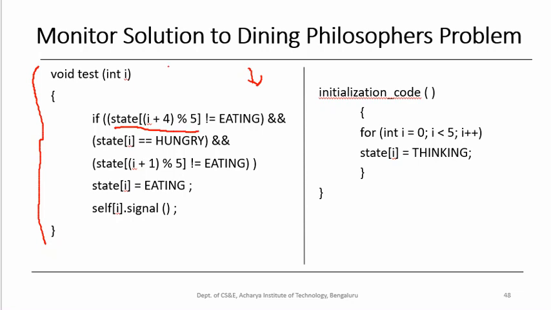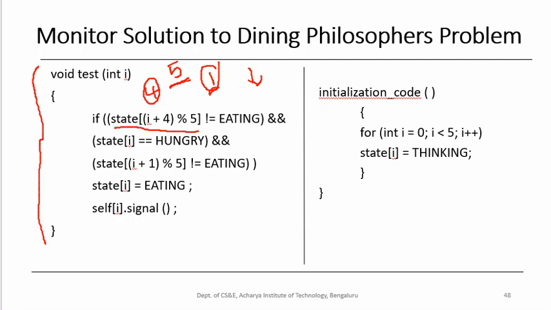For example, as I told you, philosopher 5 is the one who is testing. Okay, so we have to make sure that philosopher 4 is not eating and philosopher 1 is not eating, because they are the neighbors of philosopher 5.